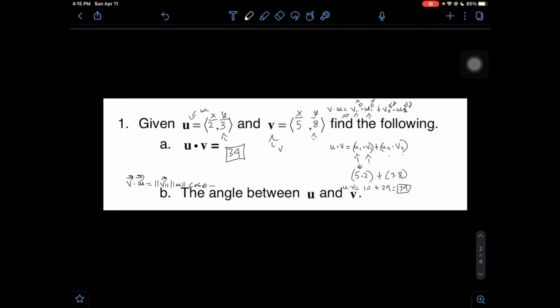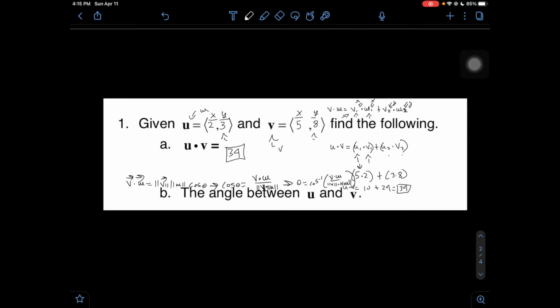We can rearrange this and say cosine of theta equals v times w over the magnitude of v times the magnitude of w. And we can take it a step further and simplify down to theta equals cosine inverse of v times w over magnitude of v times the magnitude of w.